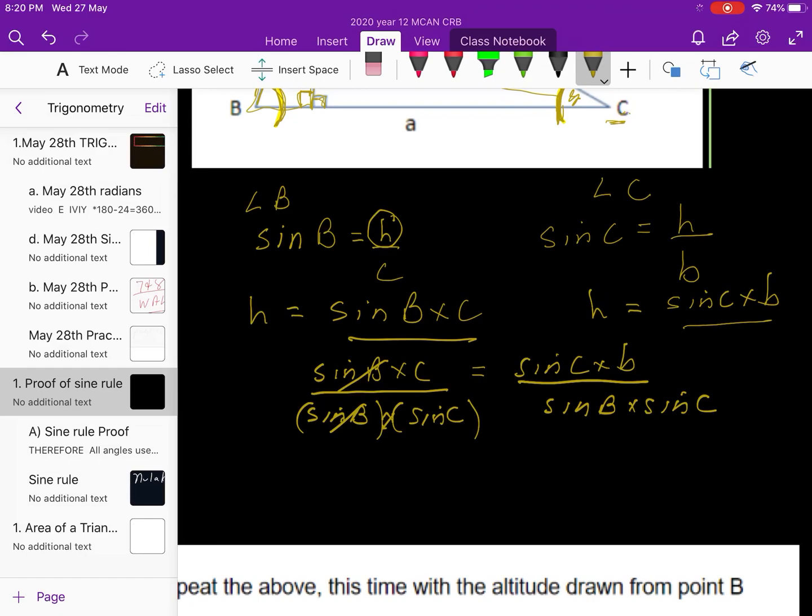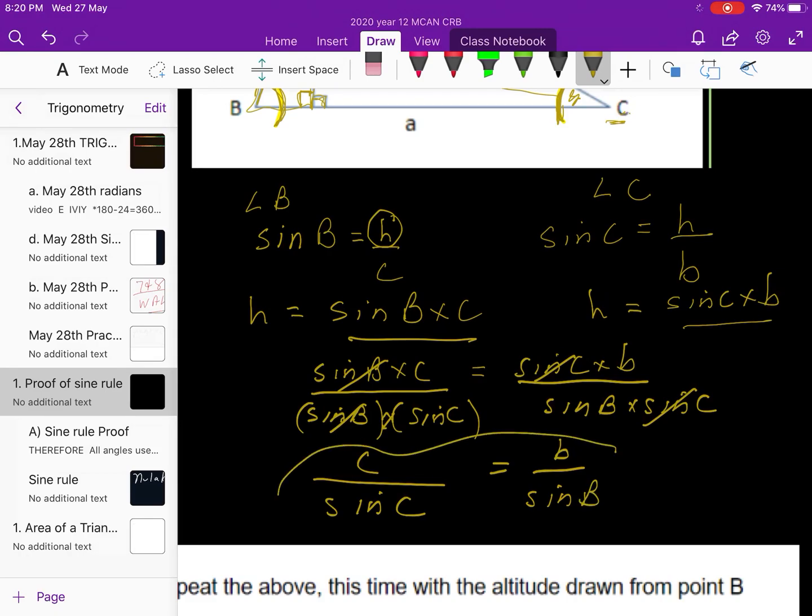But what happens is the sine B's cancel themselves out. So rearranging this, we get C over sine big C is equal to, and then these cancel out, little b over sine big B.